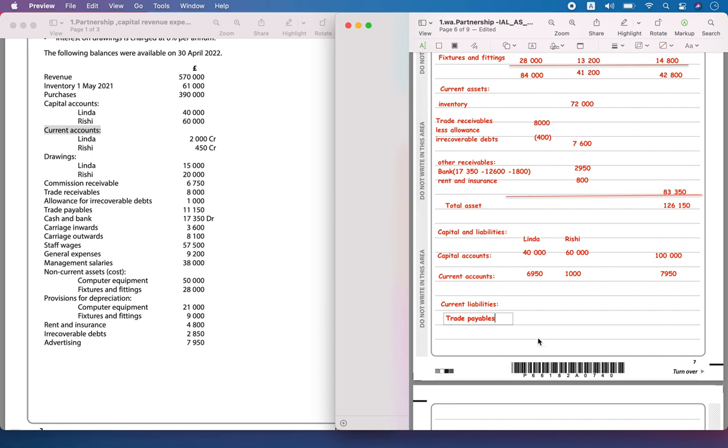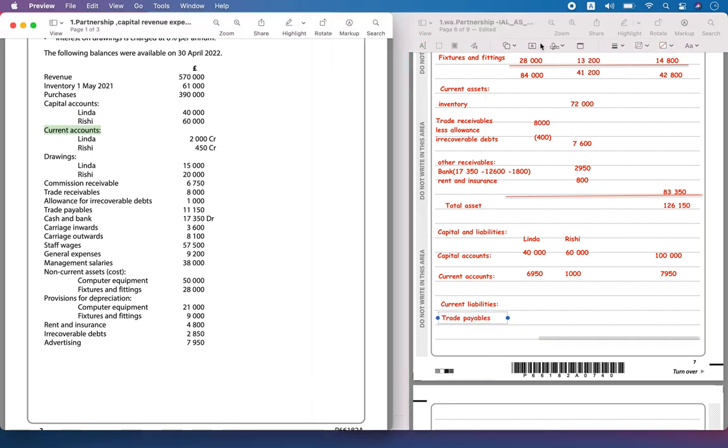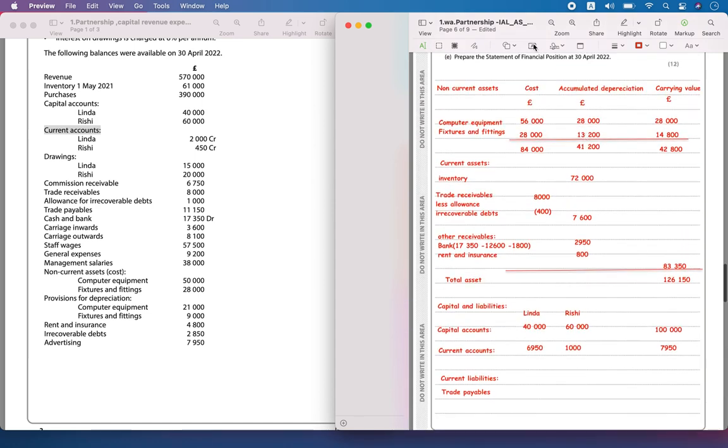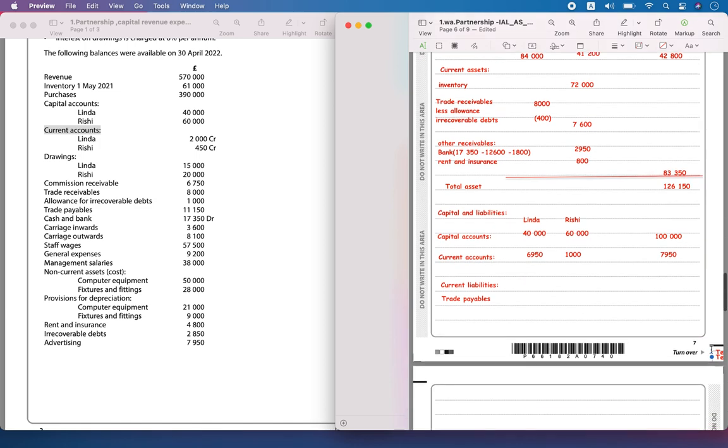Trade payables are a current liability, and other payables are any owed expenses.